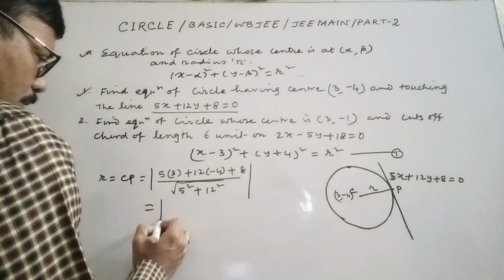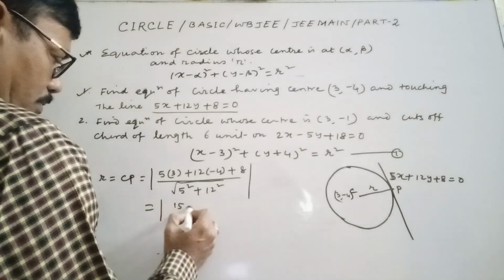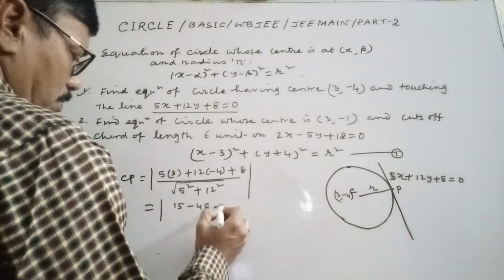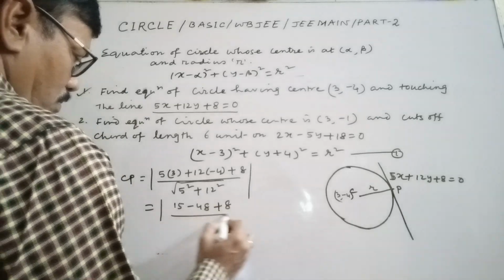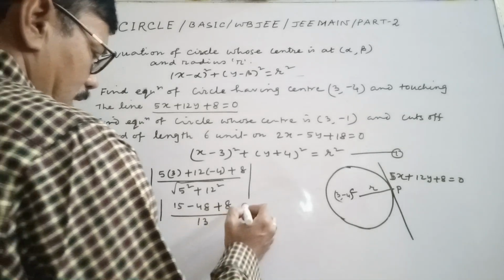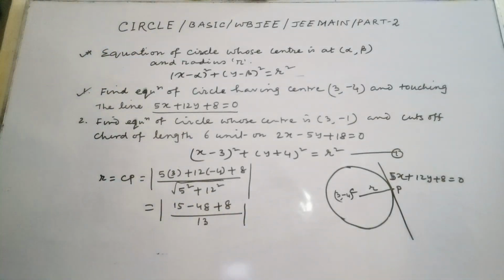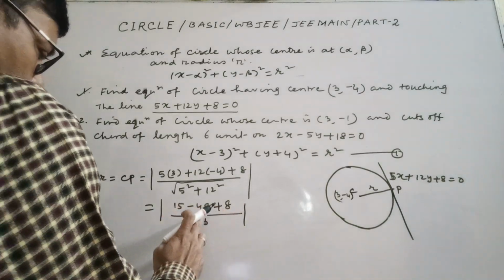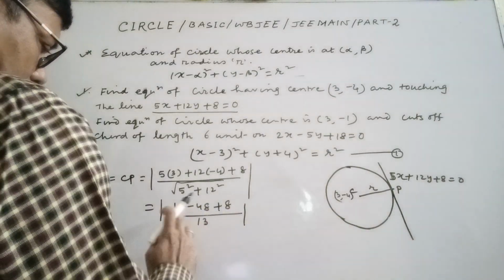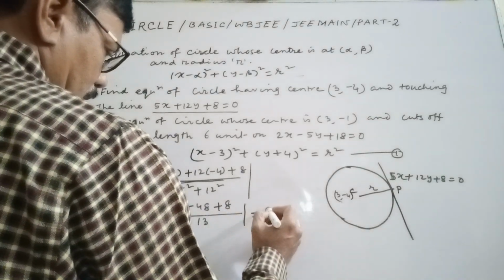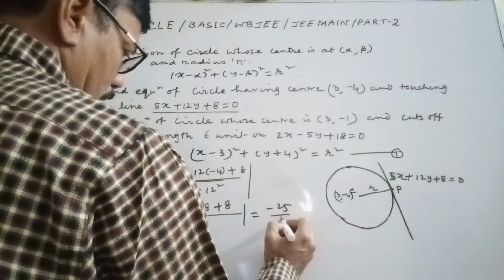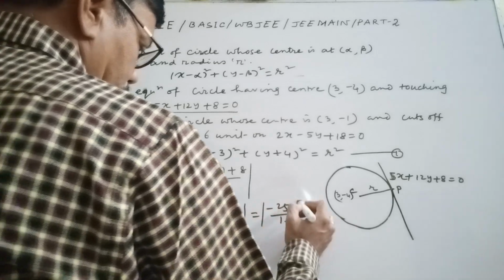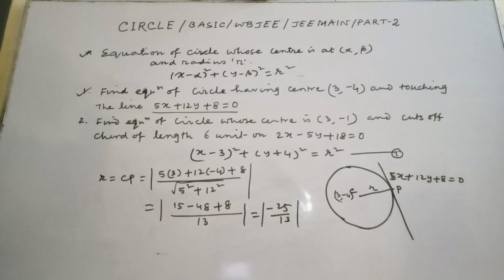So we are getting 15 minus 48 plus 8 by 13. So this is minus 25 by 13.